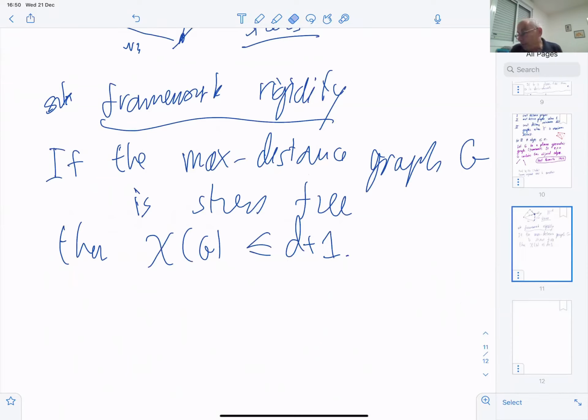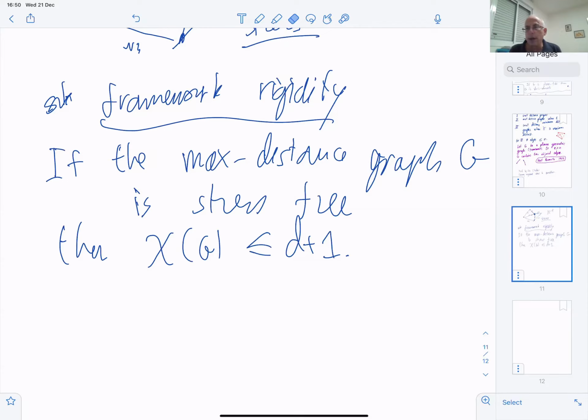For example, if a graph is stress-free, it always has a vertex of degree at most 2D. So the chromatic number is always between D+1 and 2D.